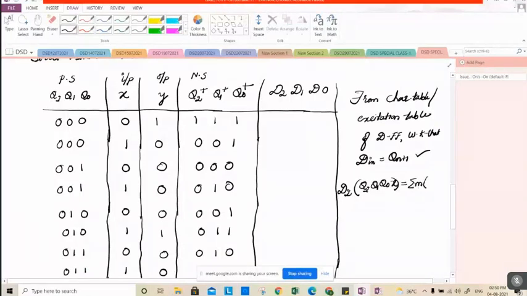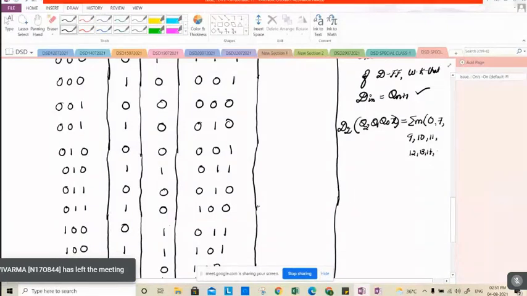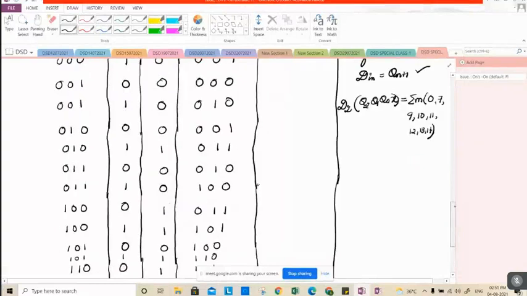Sigma m of 0, 7, 9, 10, 11, 12, 13, 14. We don't have 15.